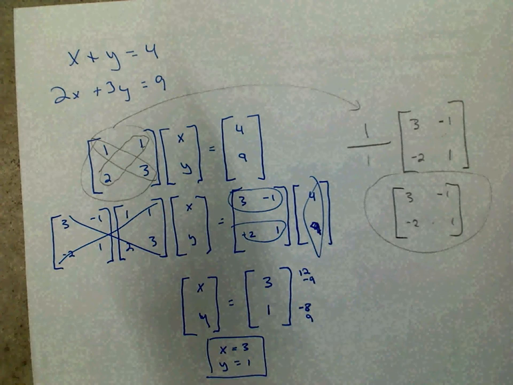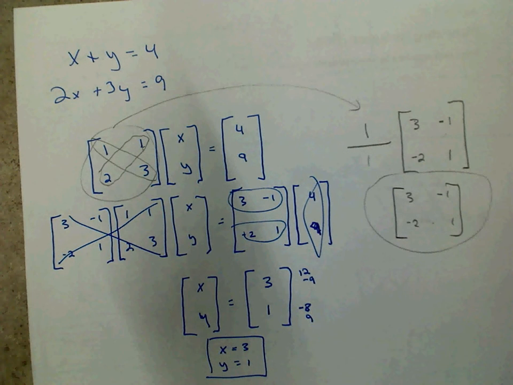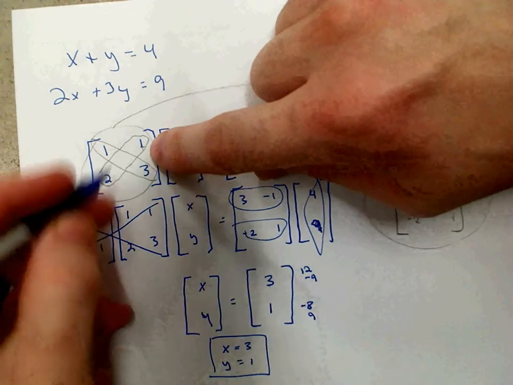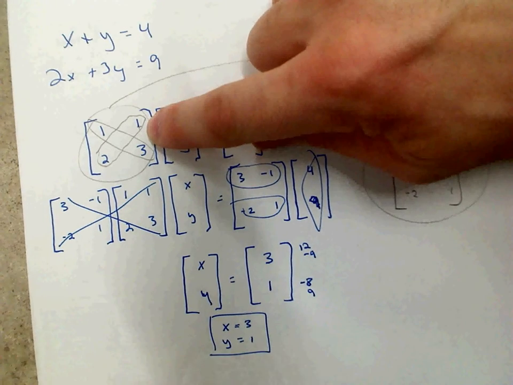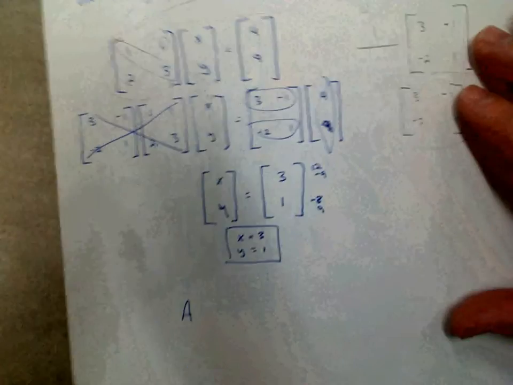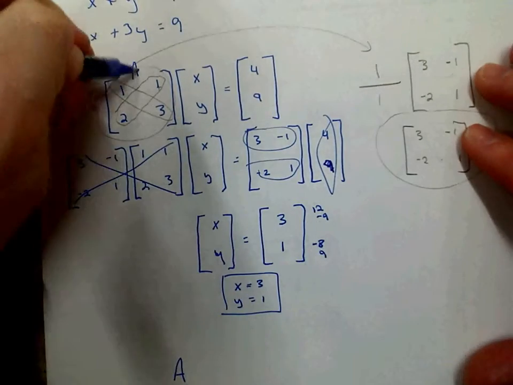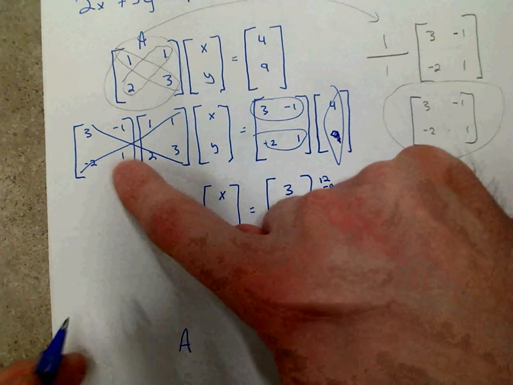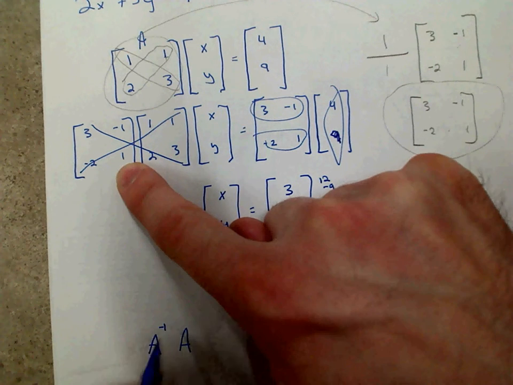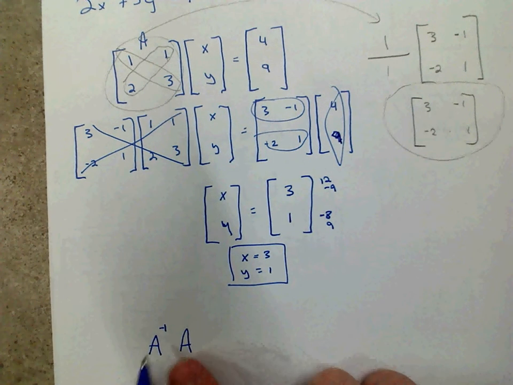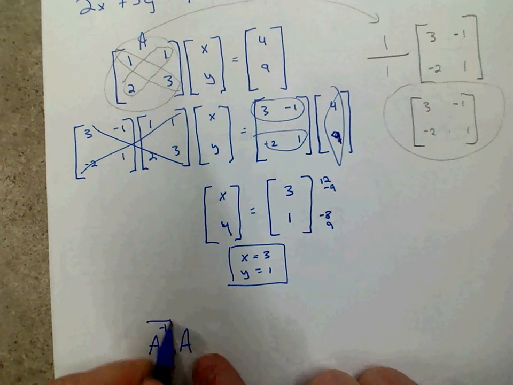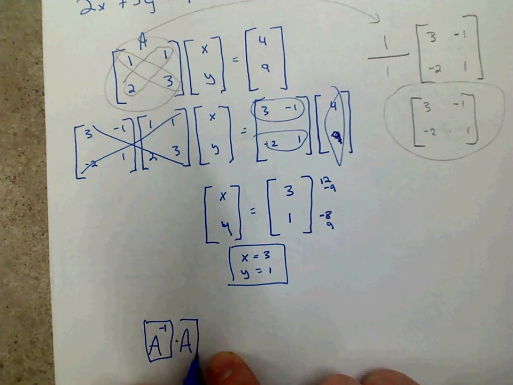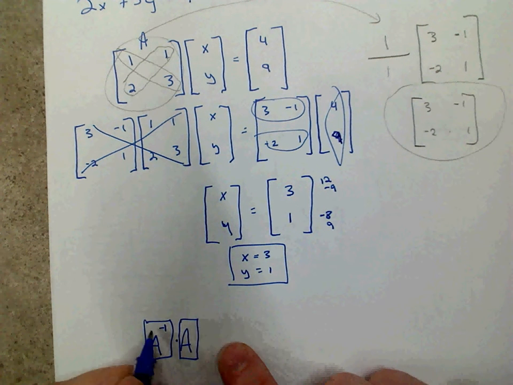Okay? So, let's talk about what we actually did. What we did was we took a matrix, we'll call it matrix A. We took matrix A and we multiplied matrix A by its inverse. Now the inverse symbol is that right there. So basically we took matrix A's inverse and we multiplied it by matrix A because we knew that they would cancel. Okay?